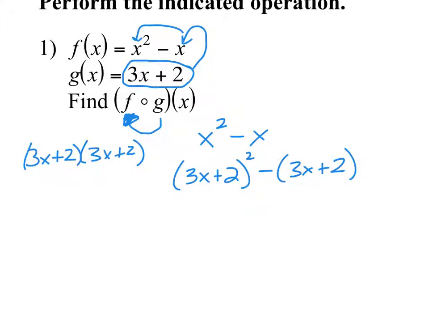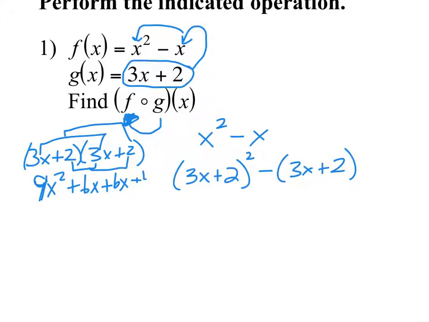There's two of them, and here's where you're going to have to use the FOIL method. First times first, that's 9x squared. Outsides, 3x times 2 is 6x. Insides, that's also 6x. And last is plus 4.